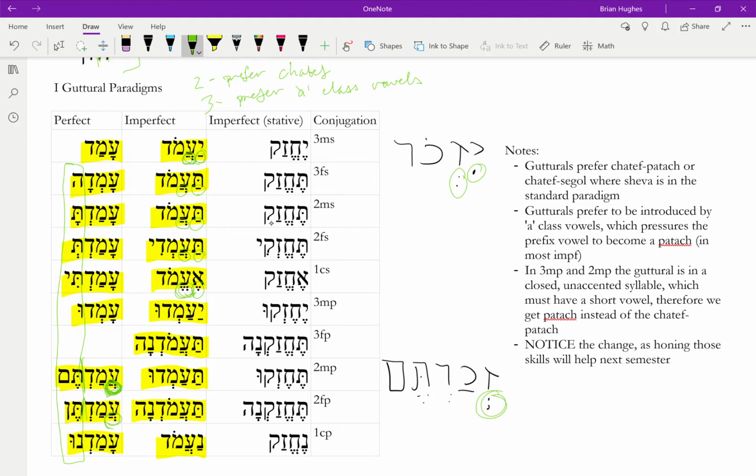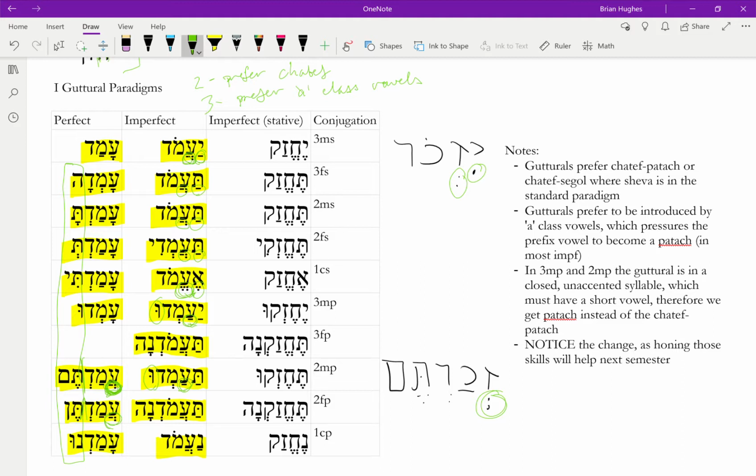And then we have one more change here in our third masculine plural and second masculine plural, having to do with the way that these end with the long vowels. For some reason these are different, and I wish I could give you a really insightful answer, and I just don't have one as to why it's different. But the patachs here are full-on patachs, not chatef patachs.